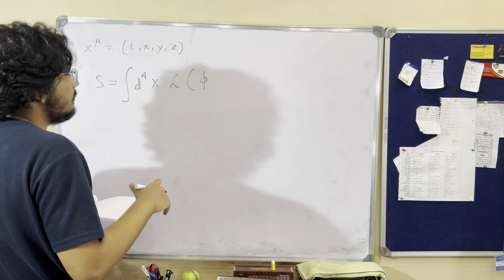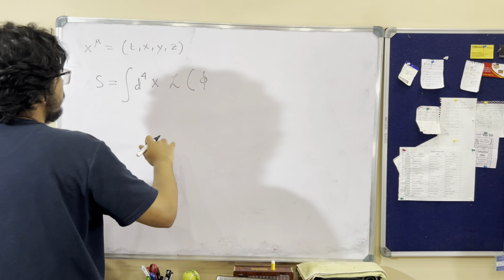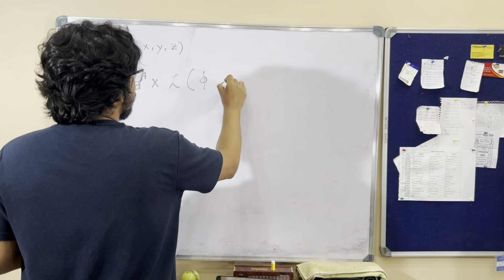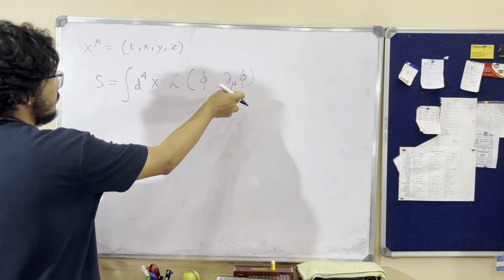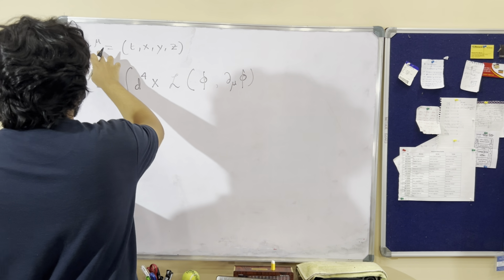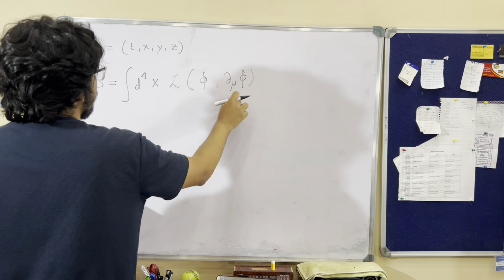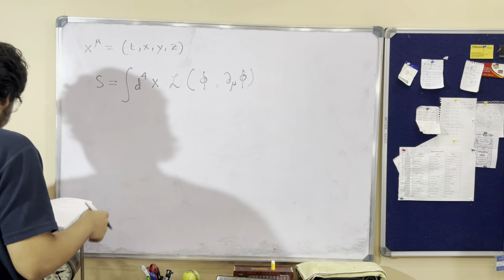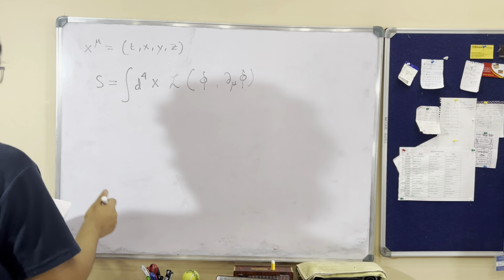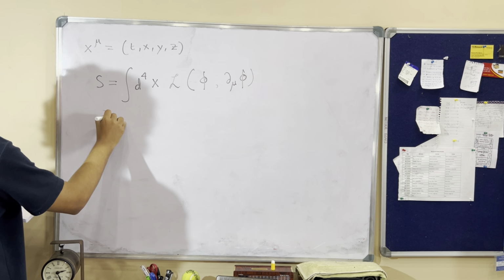Previously we have seen that psi is that amplitude, and also some derivative of psi, of phi in this case. Mu goes from t, x, y, z, so this contains all possible derivatives of phi with respect to t, x, y, or z.